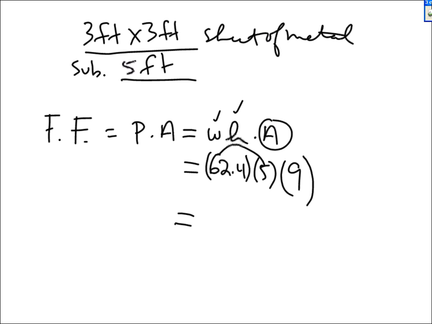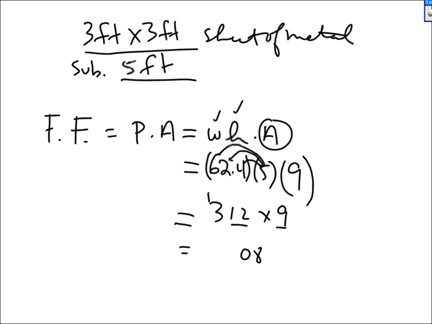5 times 60 is 300. 5 times 2 is 10. That's 310. 5 times 0.4, 5 times 40 cents is $2. 312 times 9. Well, 12 times 9 is 108.